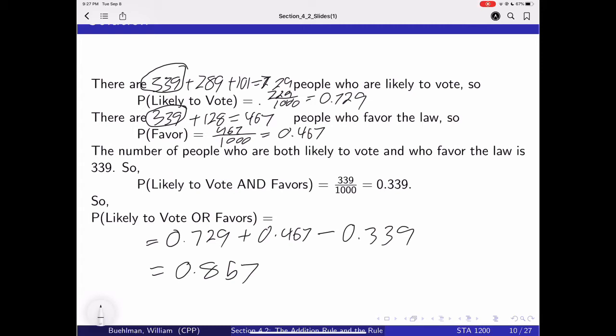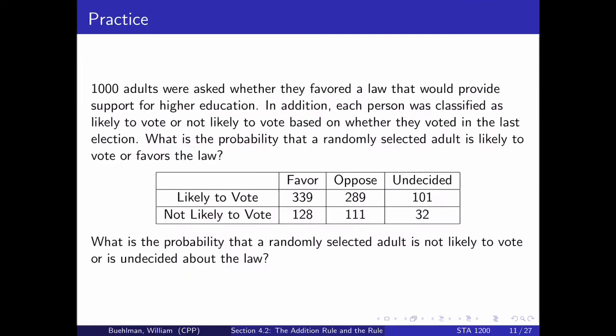So the probability that somebody is likely to vote or favors the law is 0.857.